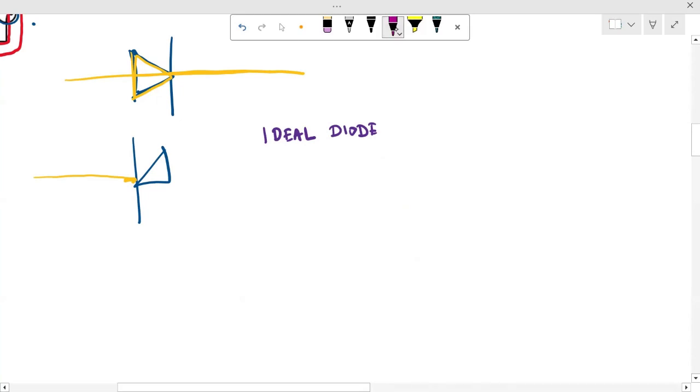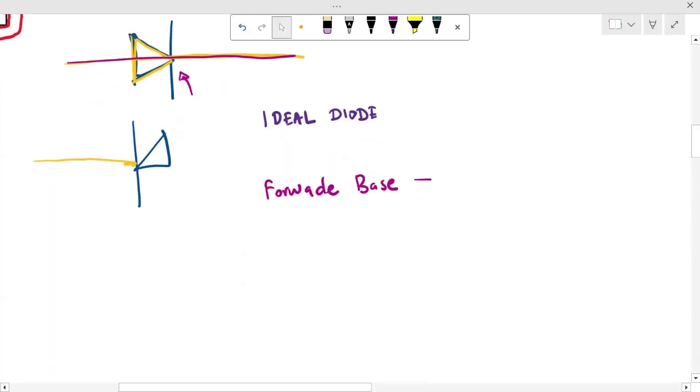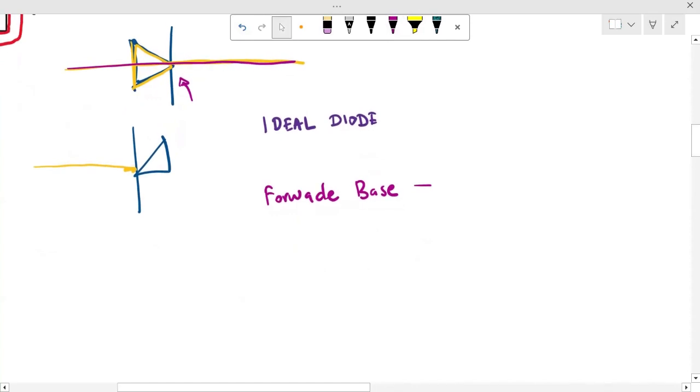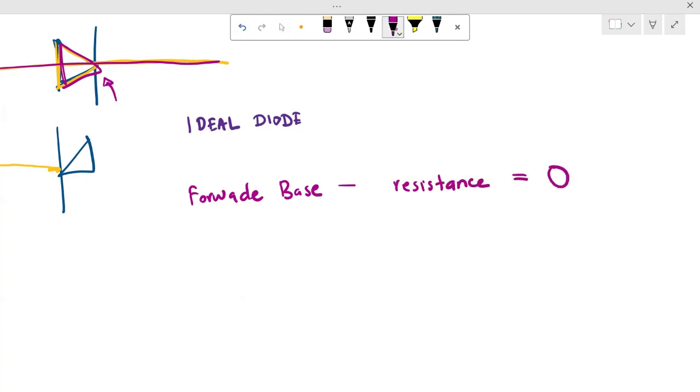In an ideal diode, when it is forward bias, this is this scenario, where the current easily passes through the diode in the right manner. That is known as the forward bias. So, in an ideal diode, when we set it as a forward bias, the resistance is 0.